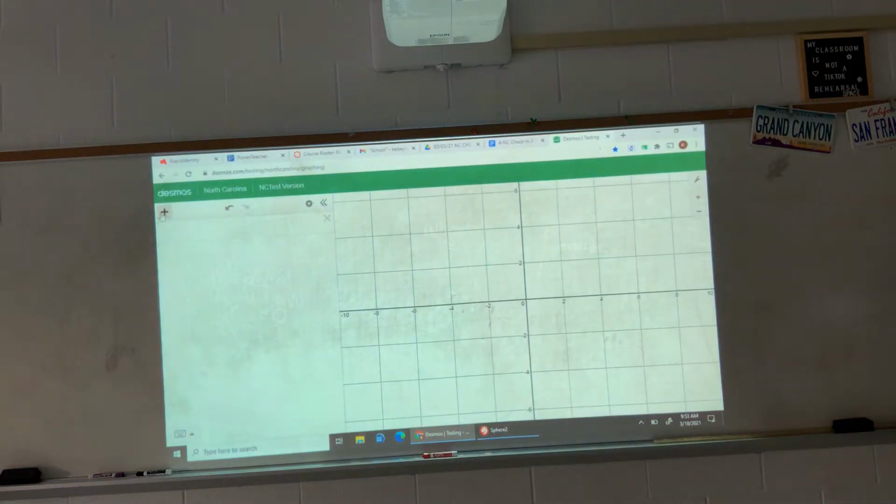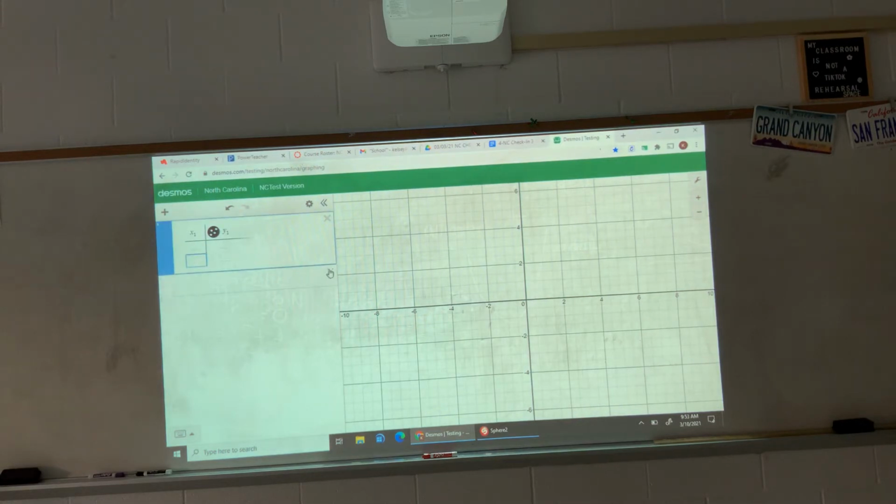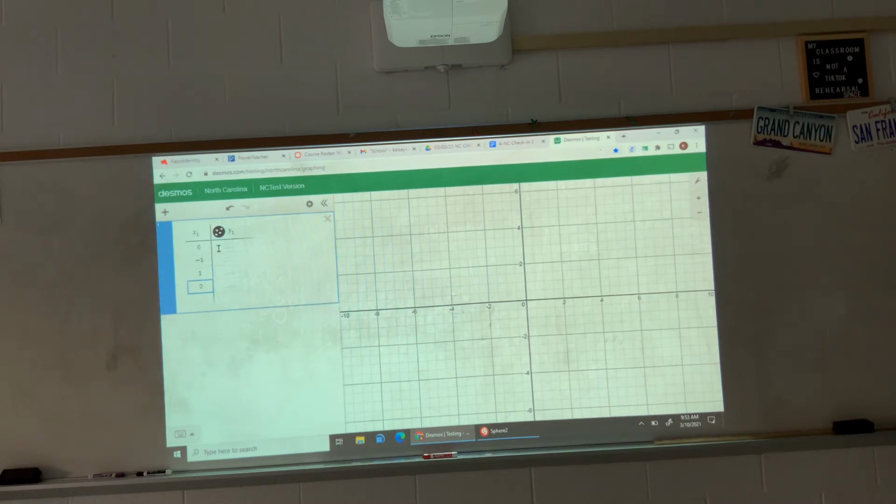Again, go here, get a table, put in your x values, and put in your y values.